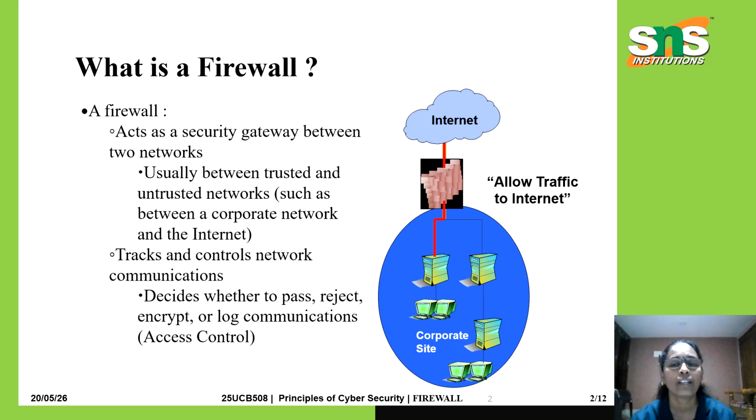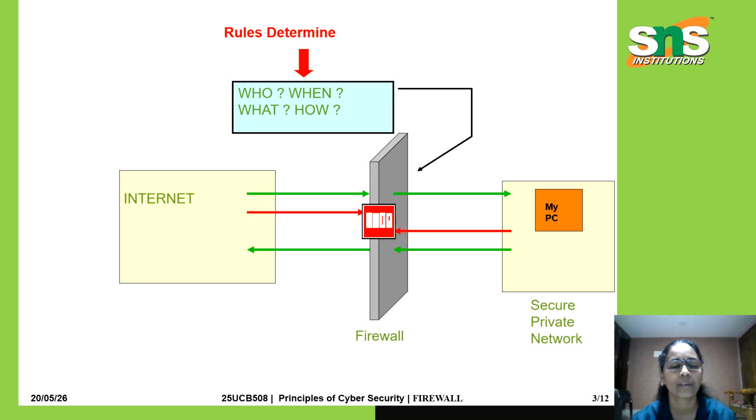That is, when we are transferring data from our personal computer to another computer, it is transferred through the server. The server is the corporate computer, whereas the personal computer acts as a client. The firewall tracks and controls network communication and decides whether to pass, reject or log communication; that is, access control is provided between the server and the client.